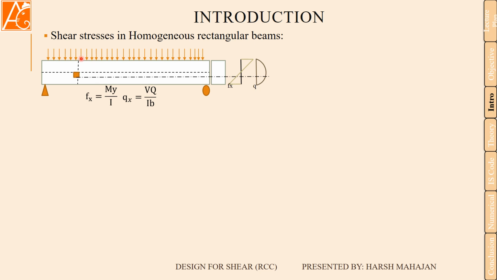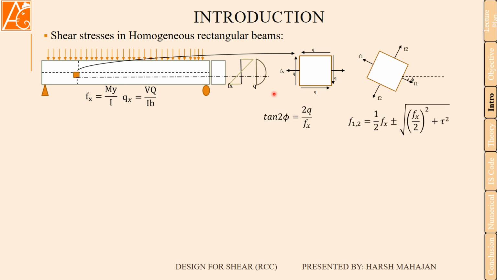Now if I take one element here, consider this element. You will see there is one force Fx in this direction. We are considering there is no other actual force, and there are complementary four-directional shear stresses.